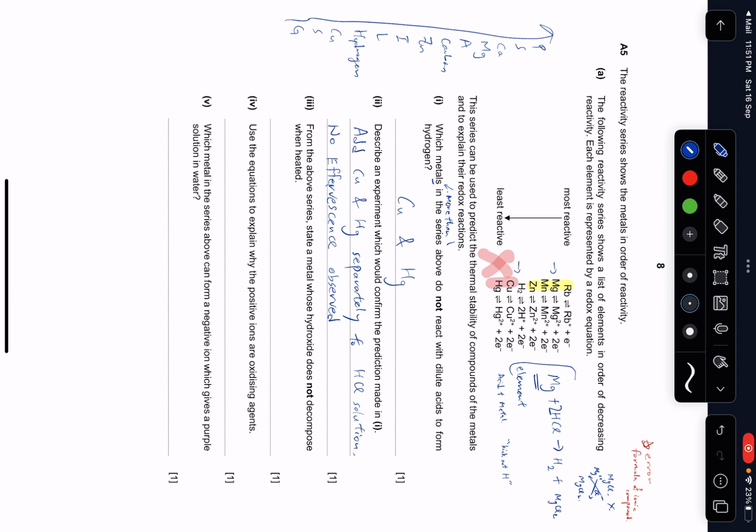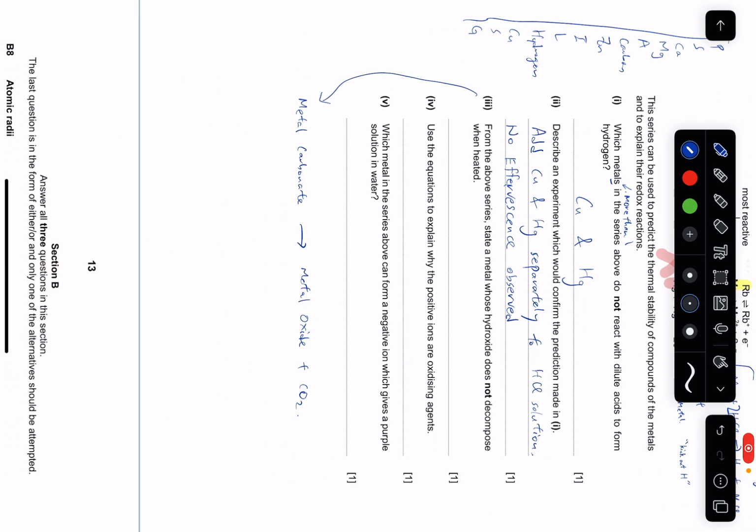State a metal whose hydroxide does not decompose. So don't panic. I think you see, hydroxide can decompose. So now let's trigger some knowledge. If you recall, of the 7 reactions we learned, one of the reactions is metal carbonate becomes metal oxide plus CO2. You also recall, so what do you need to know?